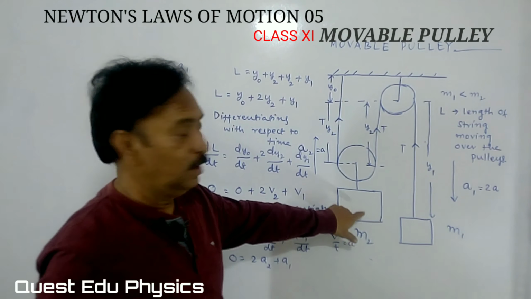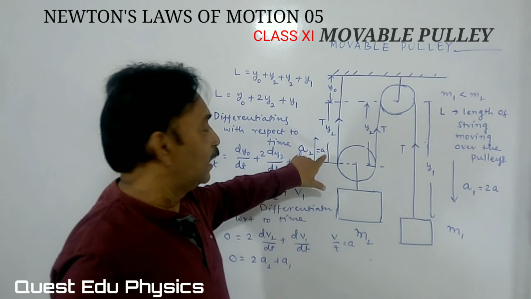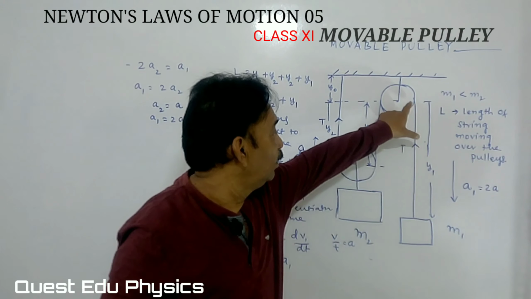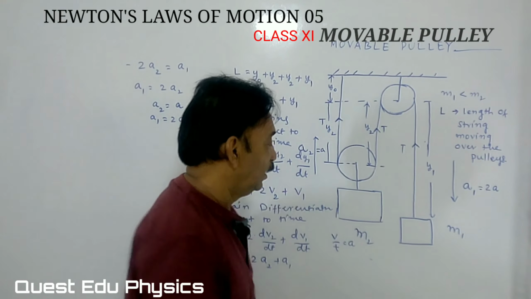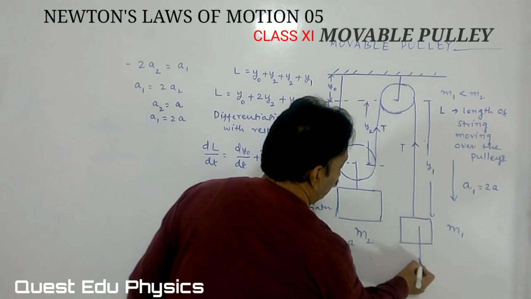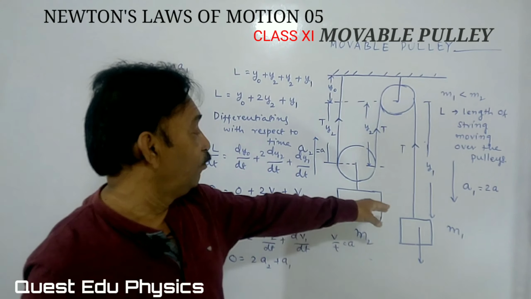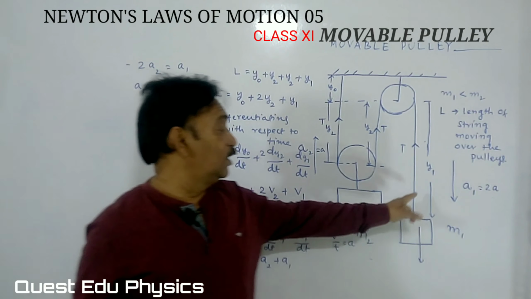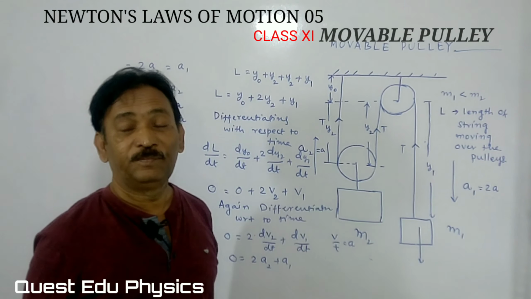Here it has an acceleration of a, and by means of this pulley, this one moves down with the acceleration which is twice of this one.